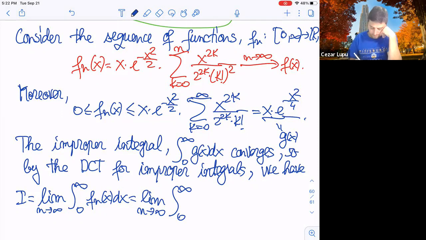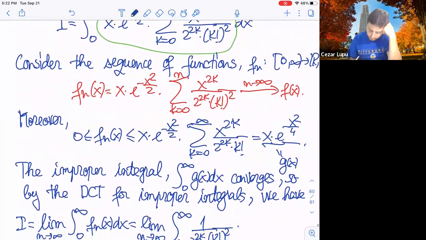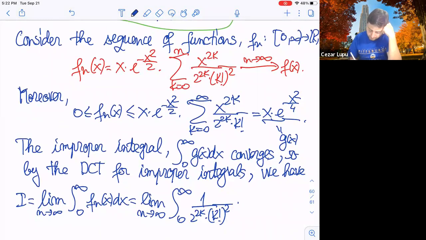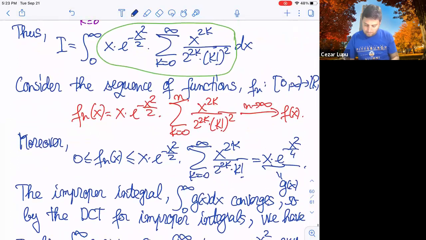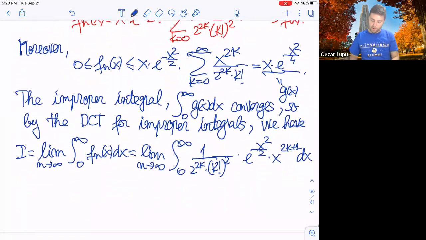Okay. k factorial squared times e to the negative x squared over 2 times x to the 2k plus 1 dx. I think that's it. All right, that's great.